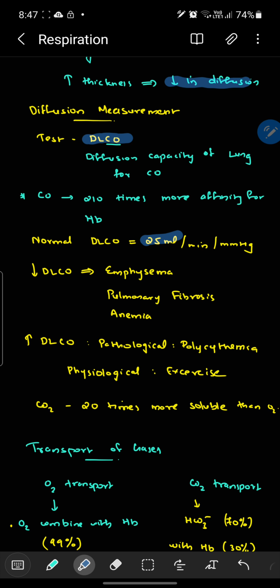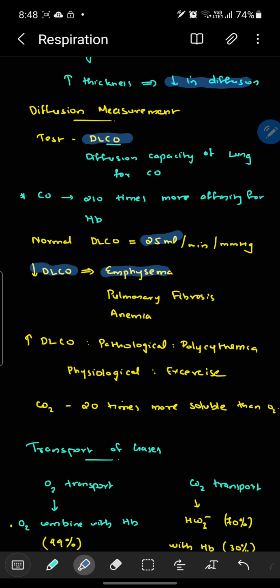In certain cases, the DLCO decreases. That means during emphysema, pulmonary fibrosis and anemia, the diffusion is reduced. So the DLCO test will show a decreased value.